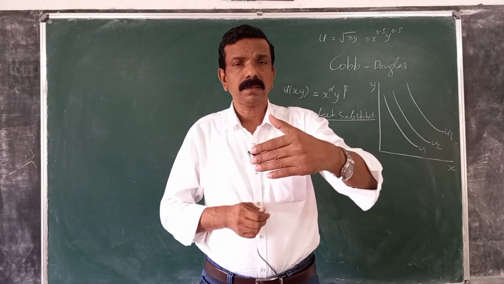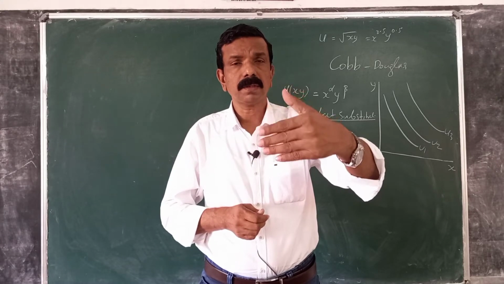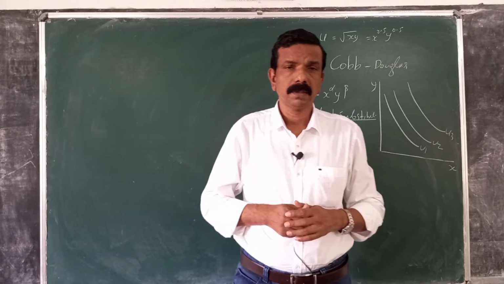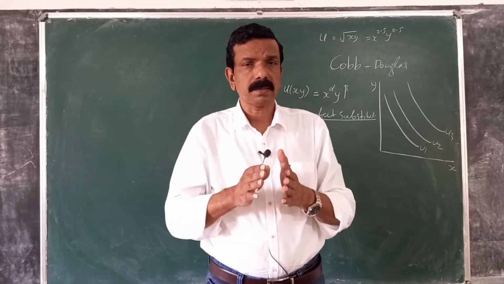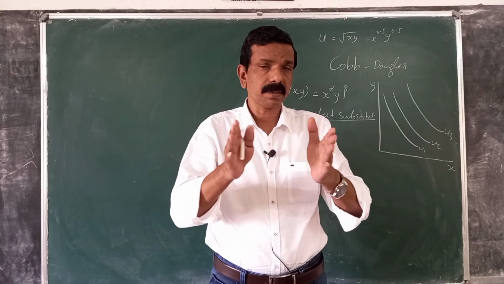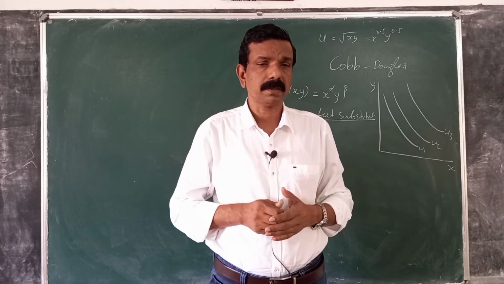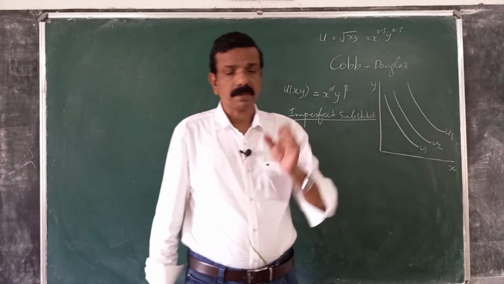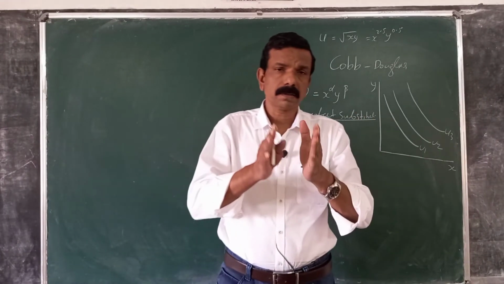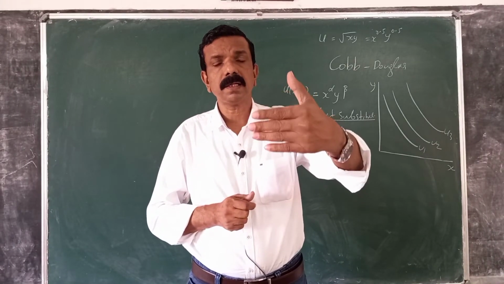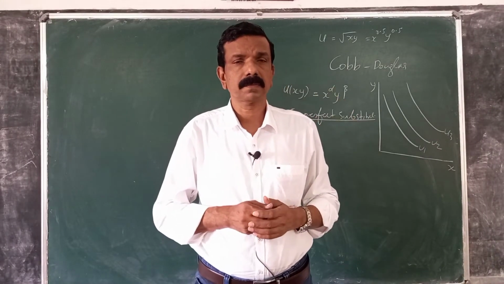What is important is the ordering. The magnitudes are not important. So monotonic transformation is order preserving, as we have discussed earlier. So if a monotonic transformation is given, as it is order preserving, it represents exactly the same preferences.